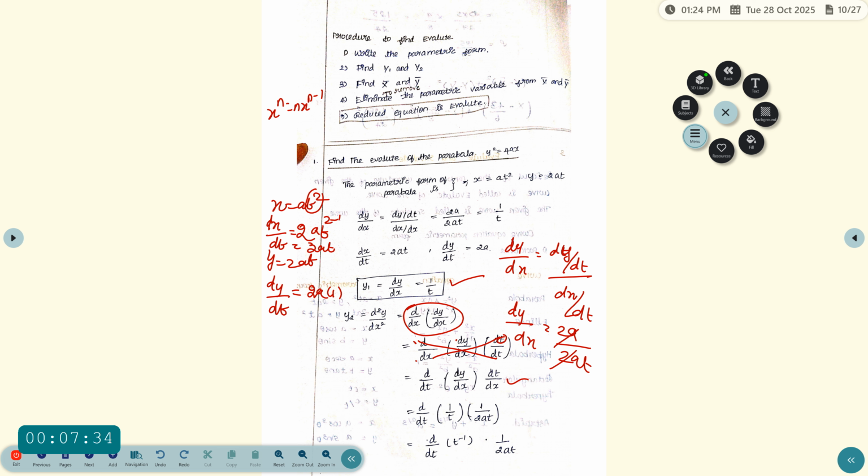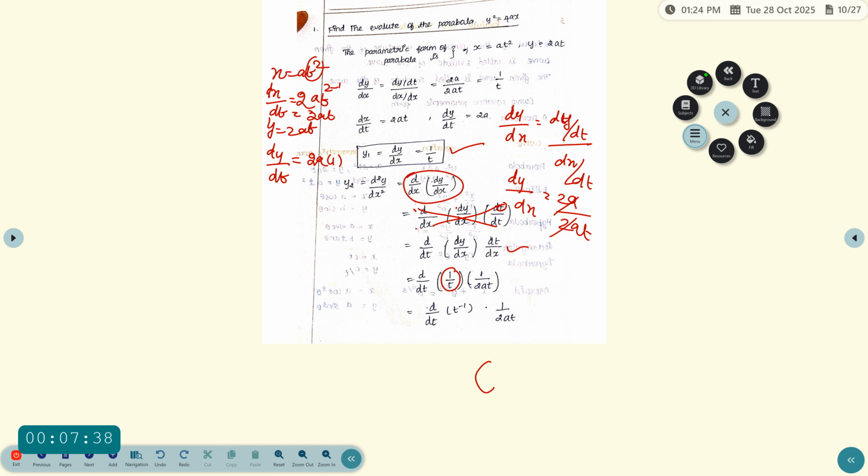So d by dt of 1 by t into dt by dx, where dt by dx is nothing but the reciprocal of dx by dt. We found that dx by dt value is 2at. So dt by dx, its reciprocal, can be written as 1 by 2at.